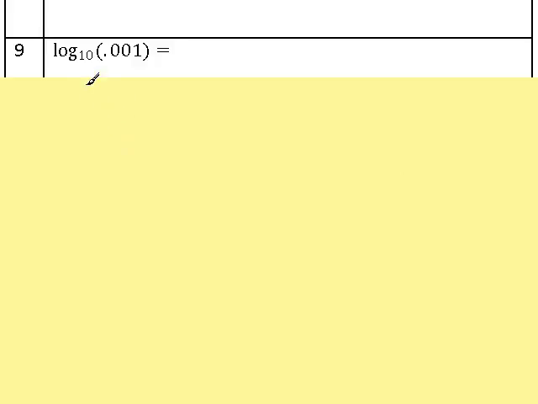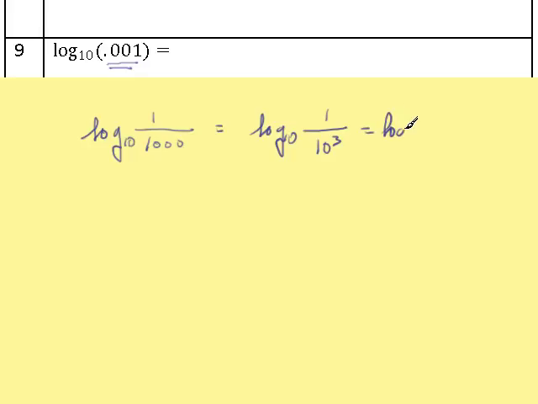In number 9, we want to write 0.001 in terms of 10 to an exponent. So let's do that. So this is the log base 10. 0.001 is 1 over 1,000. So this is log base 10, 1 over 10 cubed, or log base 10, 10 to the minus 3.